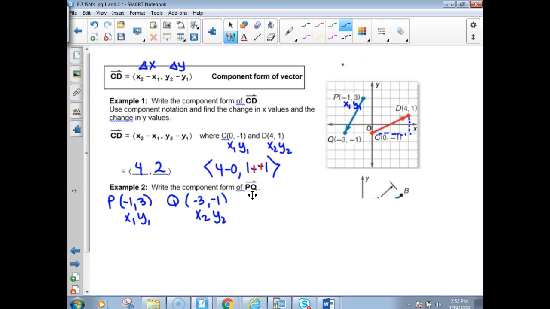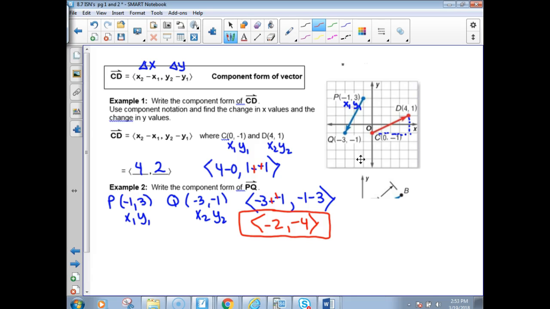The component form for vector PQ then would be -3 minus -1 and -1 minus 3. Simplified gives us -3 plus 1, which is -2, and -1 minus 3 is -4. That is the component form for PQ.